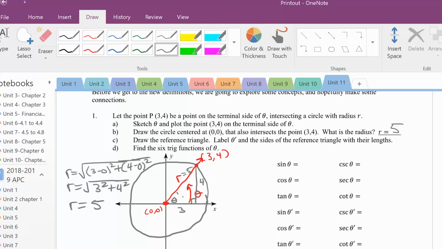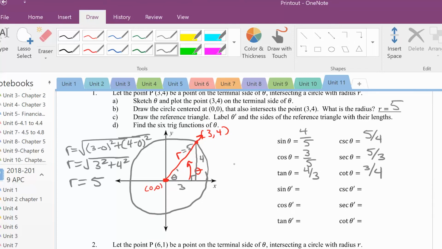Using the reference triangle, the sine is 4/5. The cosine is 3/5. The tangent is 4/3. The cosecant is 5/4, the secant is 5/3, and the cotangent is 3/4.